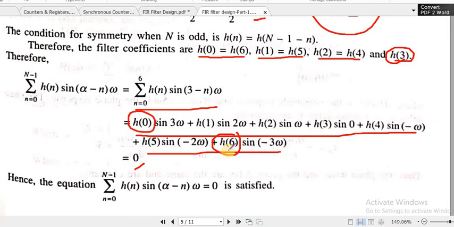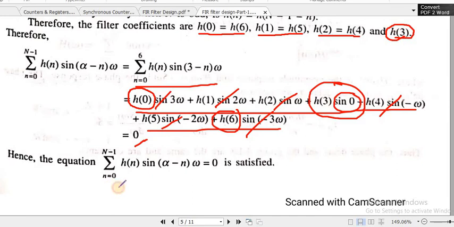So the negative sign will come out, and if I put h6 in place of h0, the first term will be cancelled out. Similarly, this term will cancel out with h of 5, this term will cancel out with h of 4, and this is the center of symmetricity where sine 0 is 0. So overall, ultimately it is 0.